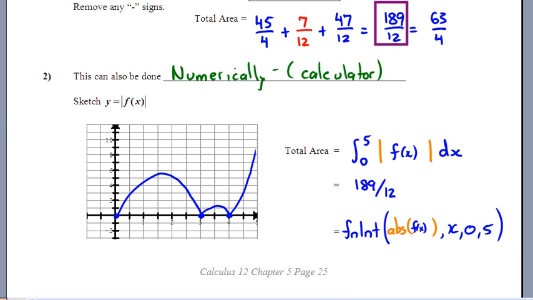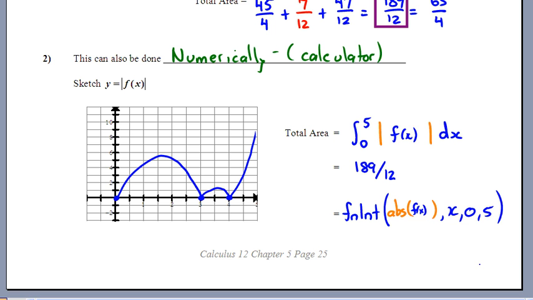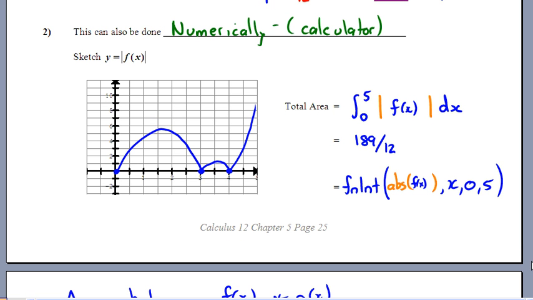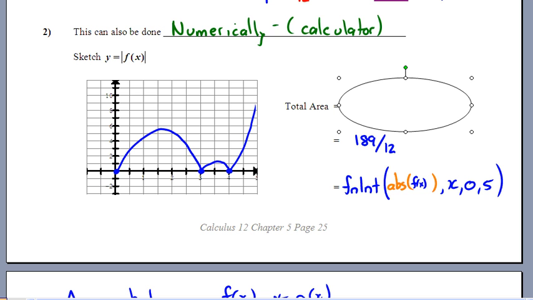I can do that all in one shot. There's the TI-84 option as well, right? The TI-84 option will look remarkably similar to this right here. So just do that on your TI-84, and it will be very, very happy and give you the right answer of 189/12.